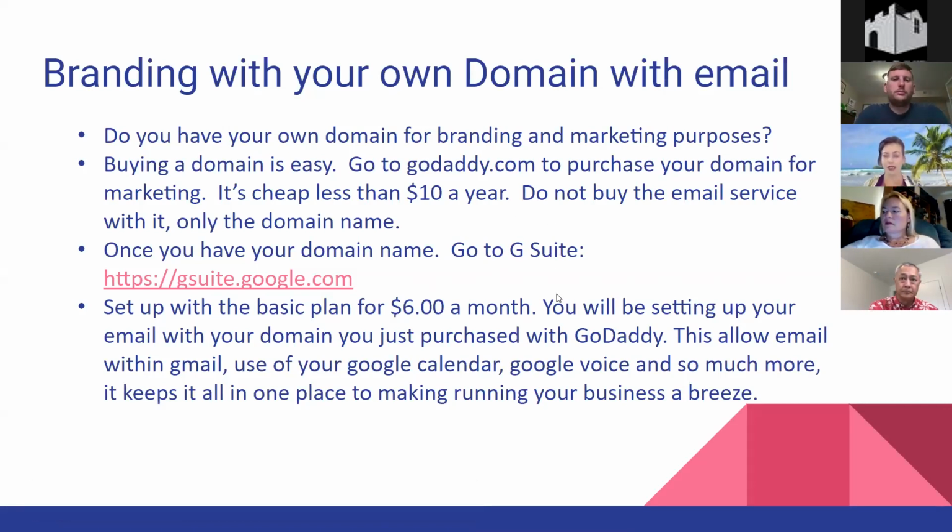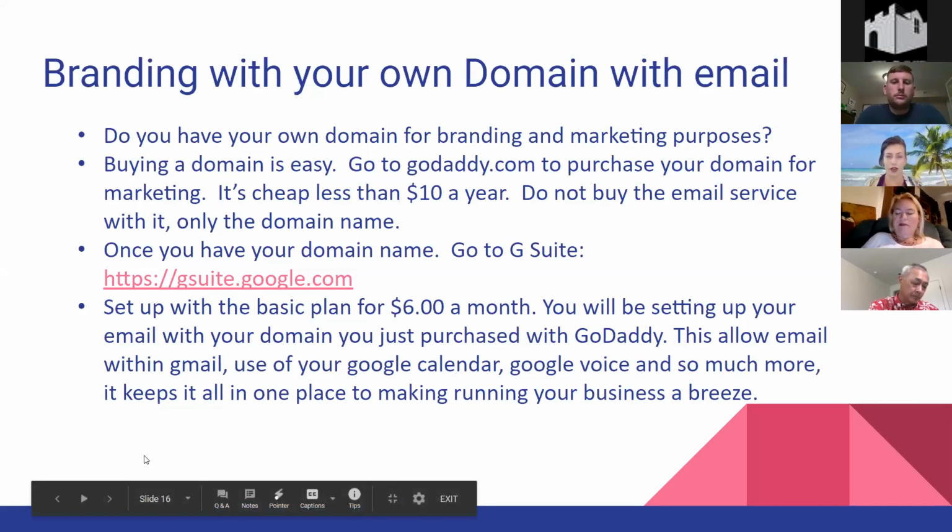The basic plan is like $6 a month. It's really easy, and you don't have to have this to do Google Streak, but it looks very professional if you do. So that's just the caveat there. If you set it up with GoDaddy, whatever, this will allow you to integrate here and get your own domain name, which I think is worth the money.